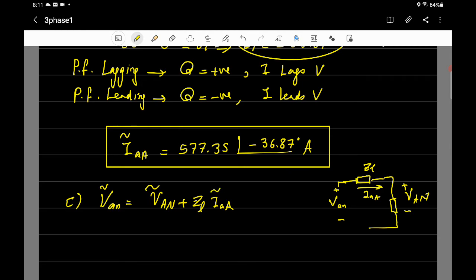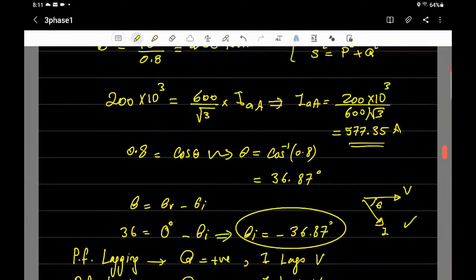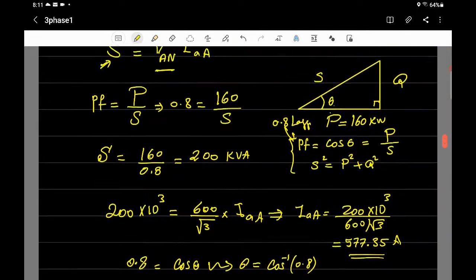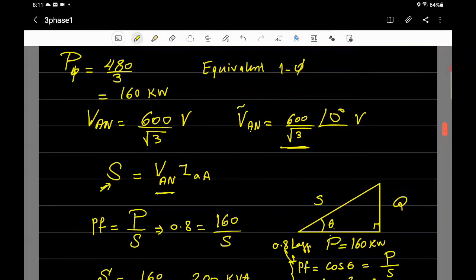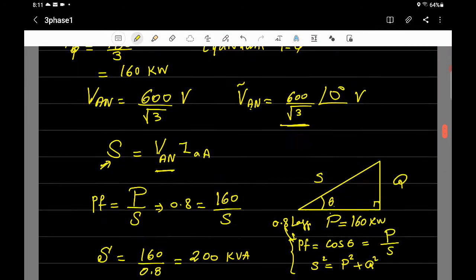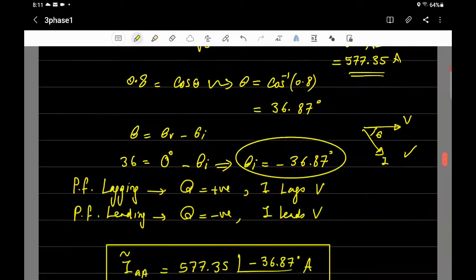And use the phasor. Do you know everything? Yes, VN, we got it. Let me just refresh your memory. That's VN, 600 over square root 3 angle 0.